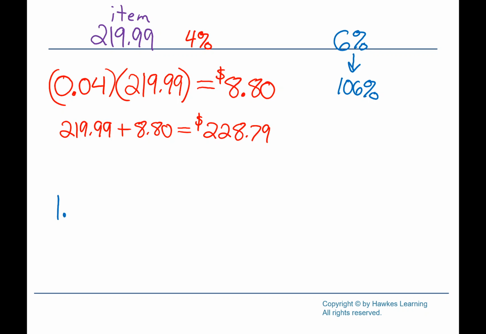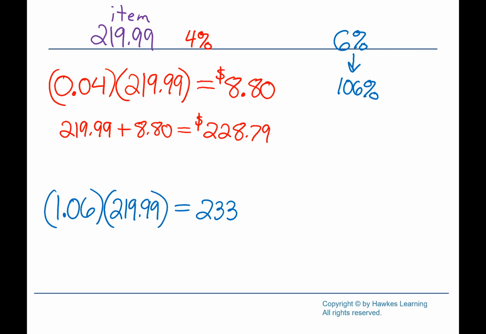So we would do 1.06 times our item cost. And when we get that answer, we're done. So 1.06 times 219.99. Now I get 233.19 when we round.